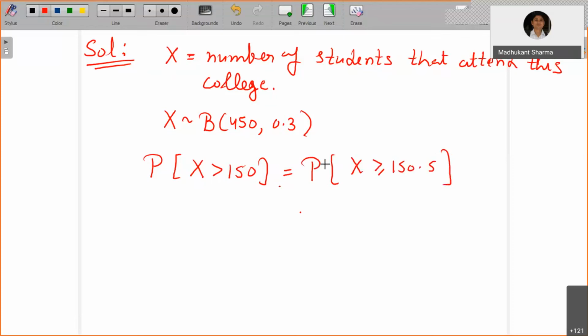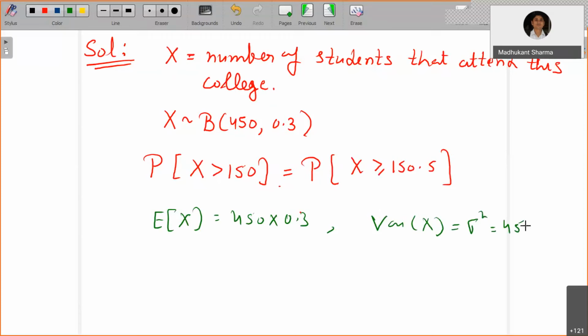Now we have n, so we can find the expectation of X, which is n into p, 450 into 0.3. And the variance of X, meaning sigma square, is 450 into 0.3 into 0.7.